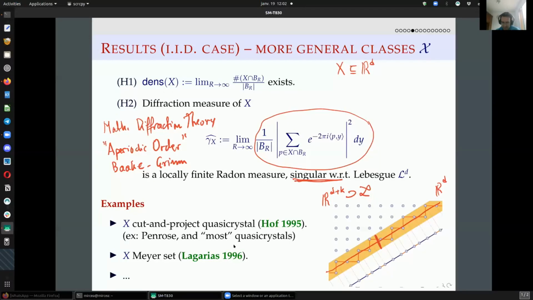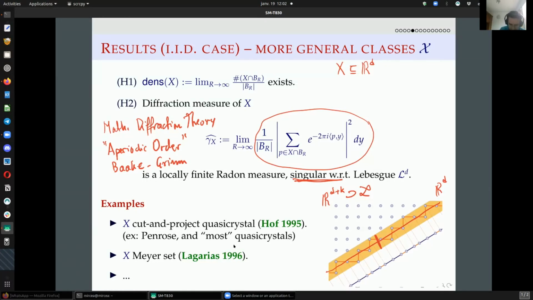I get a subset which is not really periodic, but is periodic in the sense of the definitions of quasi-periodicity that include this kind of sets. This set satisfies these two properties: the diffraction measure is singular with respect to the Lebesgue measure, and it has an asymptotic density.